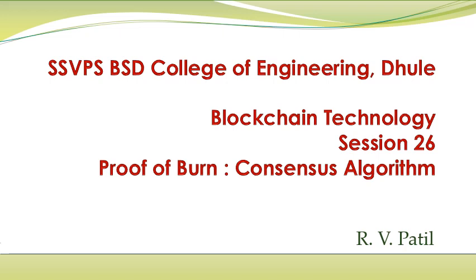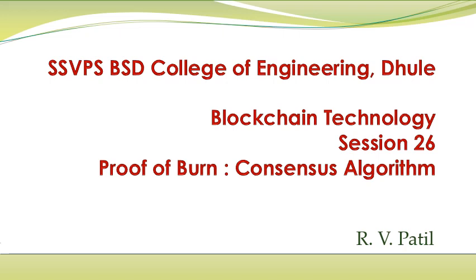In proof of work, the network adjusts the difficulty level of the mining puzzle. And we know that the hash value that we calculate should be less than the difficulty target, which we studied in the session dedicated to the proof of work consensus algorithm.